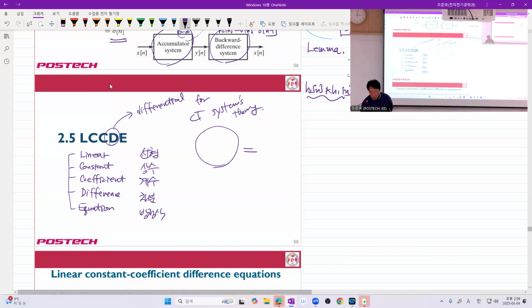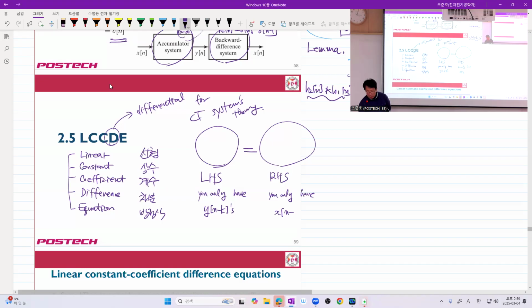So on the left-hand side of the equation, you only have y of n minus k's. And on the right-hand side, you only have x of n minus l's. Got it? And this not only holds for specific n, this must hold for all n.